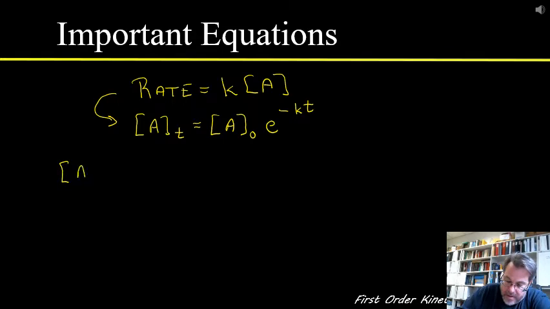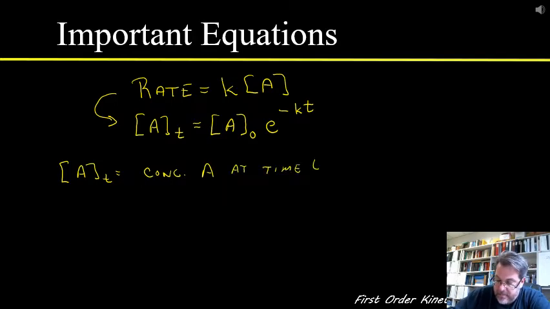And this A sub t is the concentration of the reactant A at some time t, 100 seconds from the beginning, 200 seconds from the beginning, 2 days from the beginning. Depends on what the speed of the reaction is, right?